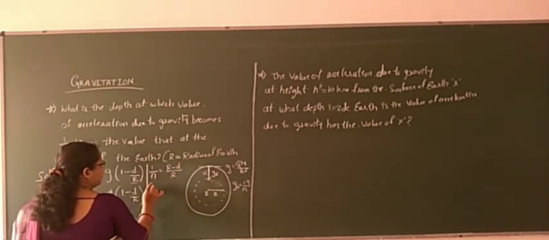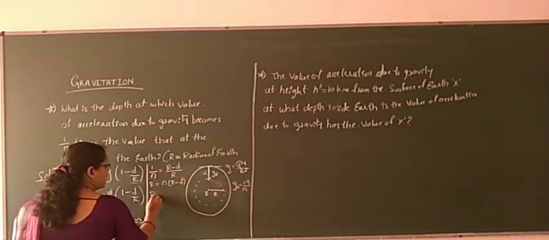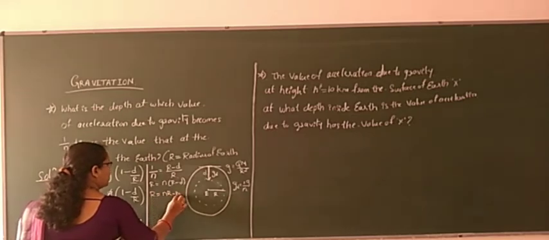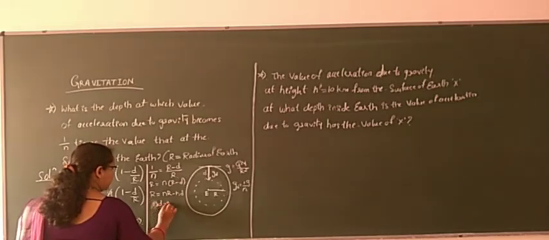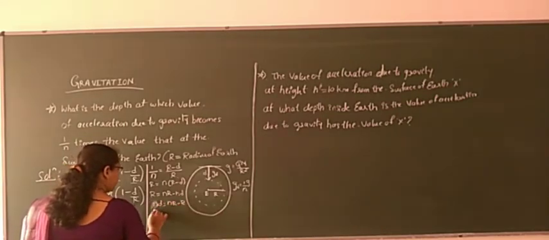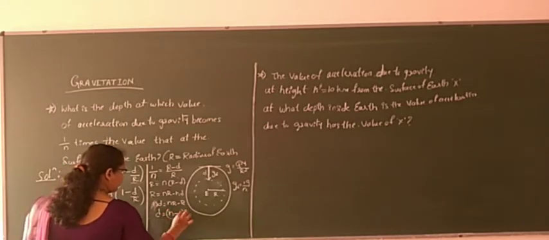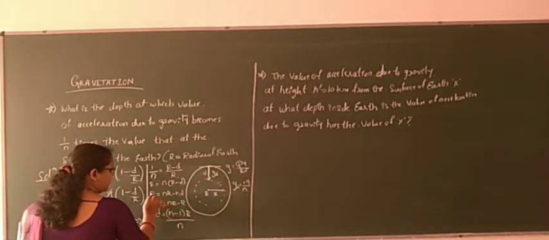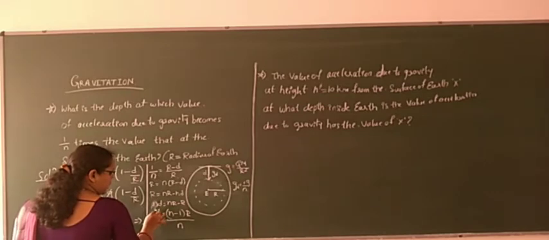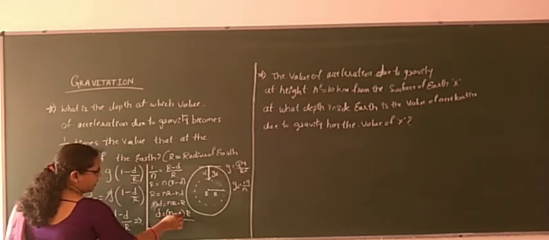Let us go ahead with the cross multiplication. r is equal to n of r minus d, so r is equal to n r minus n d. So n d is equal to n r minus r. Taking r outside, d is equal to n minus 1 of r divided by n.